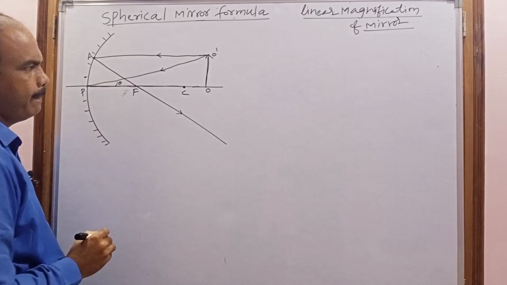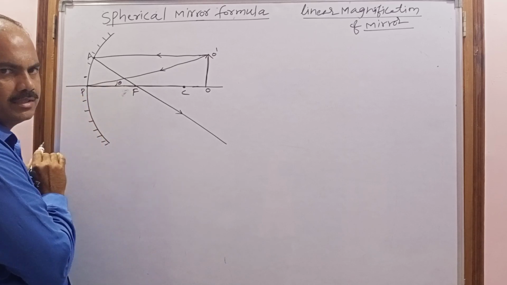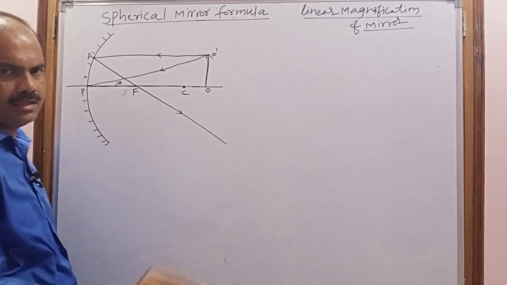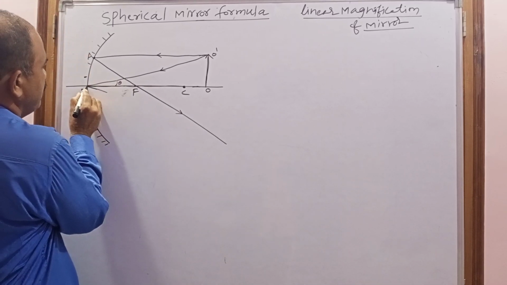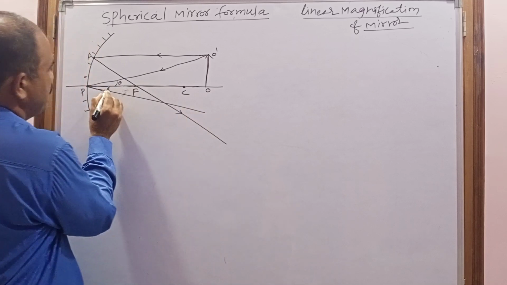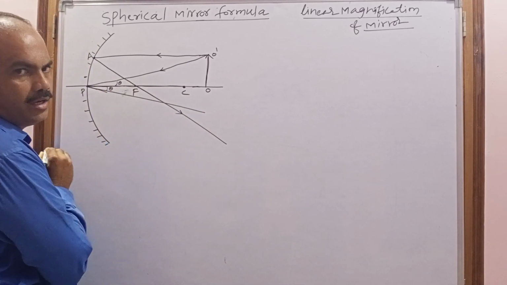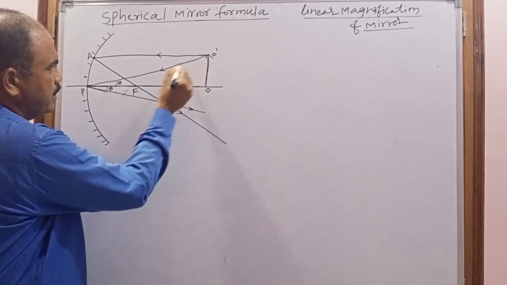With the same angle the ray will be reflected, according to the first law of reflection. Now this is the reflected ray corresponding to this incident ray.